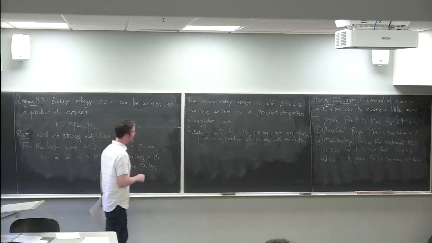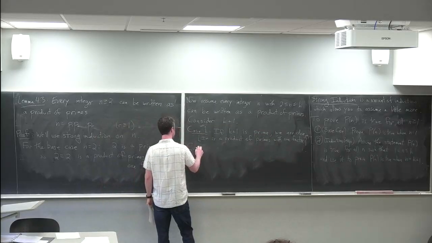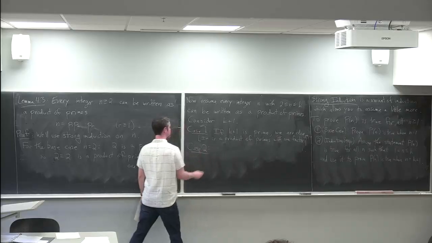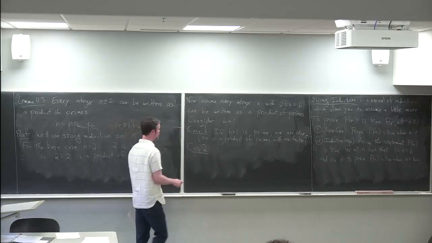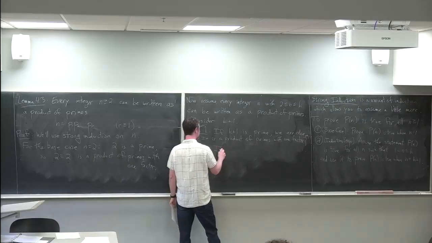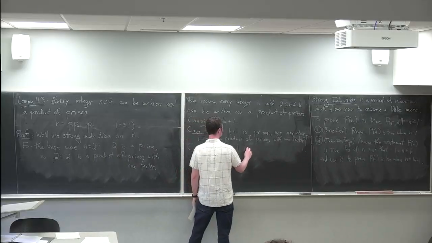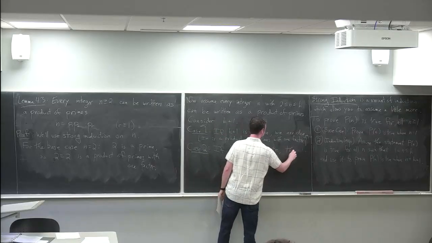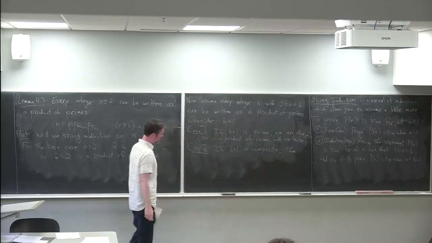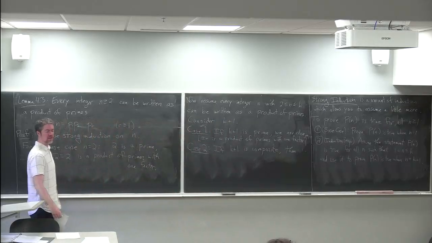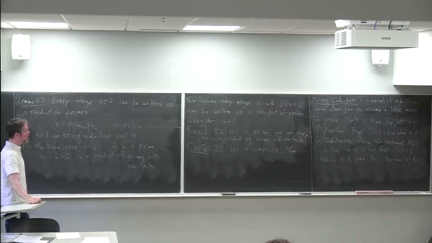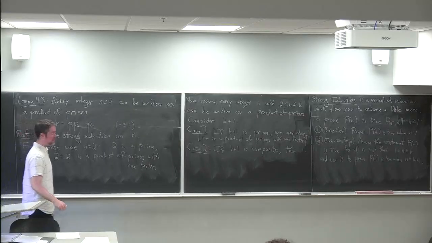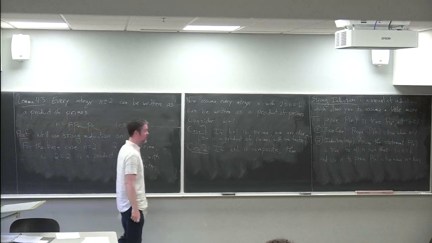But then if it's not prime, it's composite. Okay, so the other case would be that if k plus 1 is composite, the thing about a composite number is it has a non-trivial factor. You can write it as an A times B, where A and B would be neither one nor the number itself.